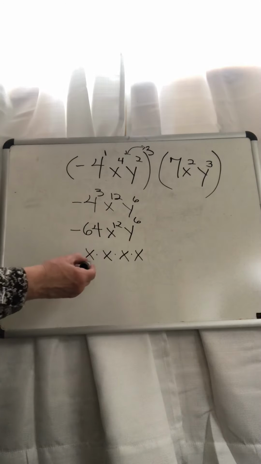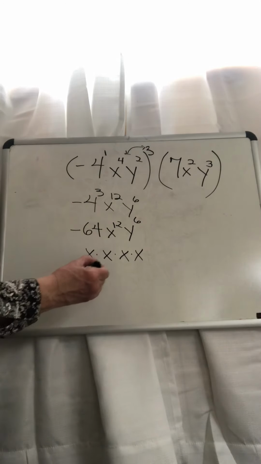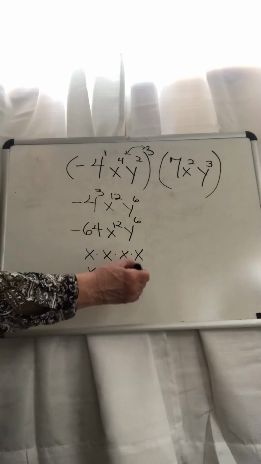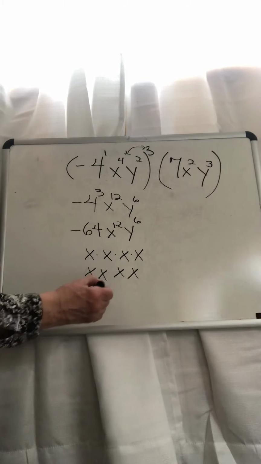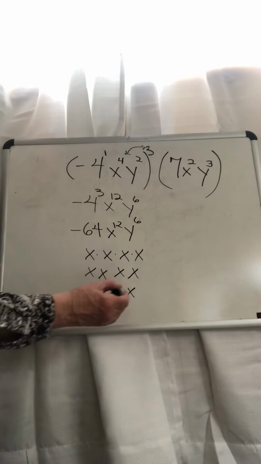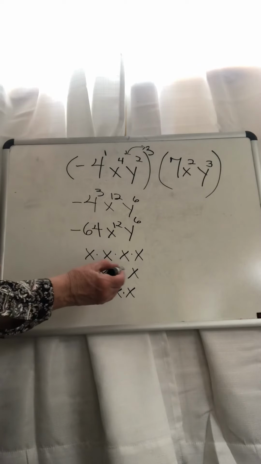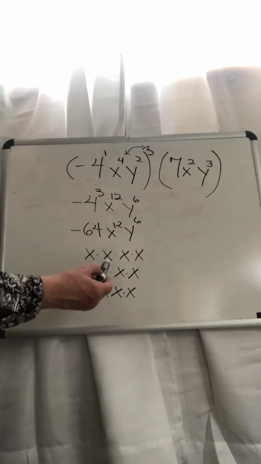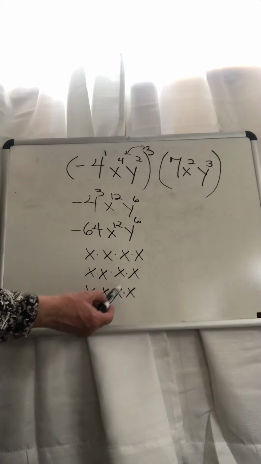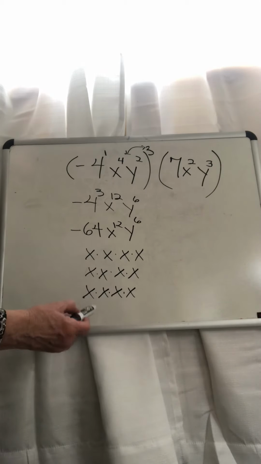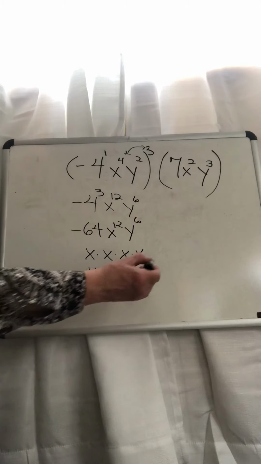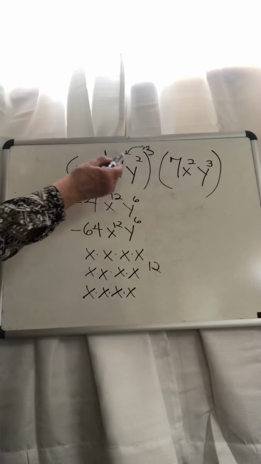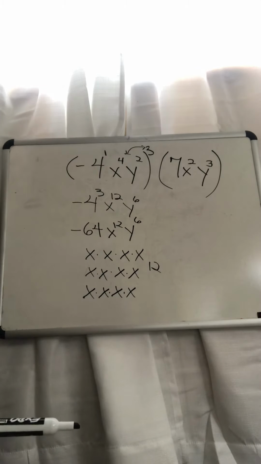There's 3 x to the 4th. So that would be saying x times x times x times x times x times x times x times x times x times x times x times x. So that would give us 3, 6, 9, 12. And so that's why that becomes x to the 12th.